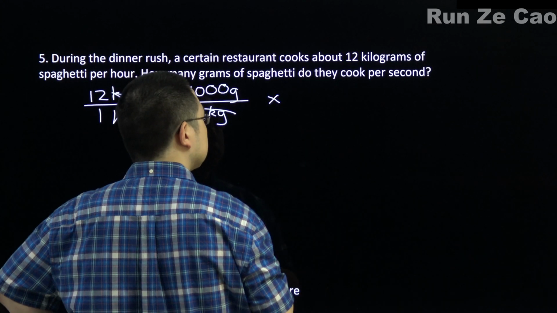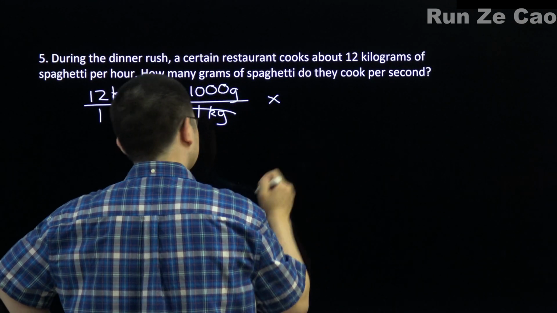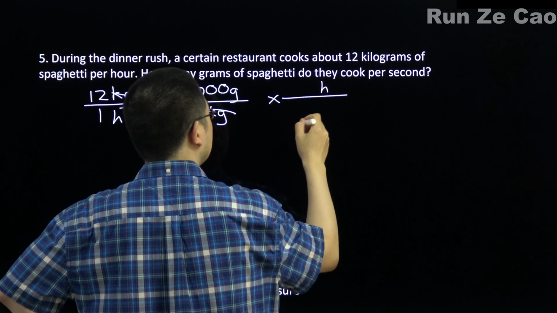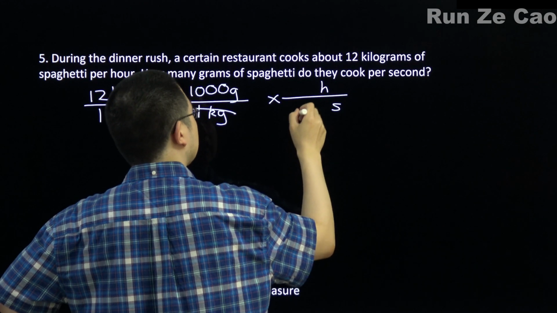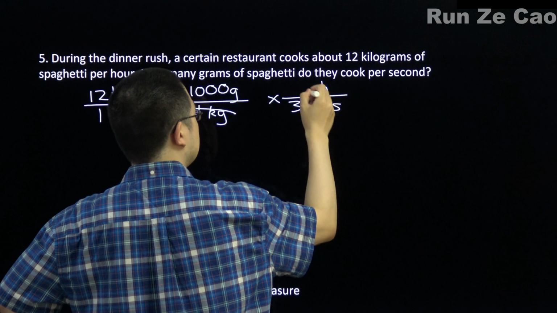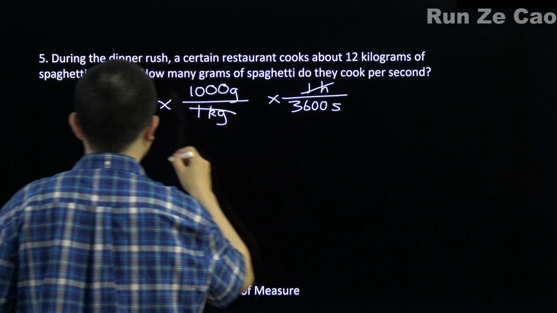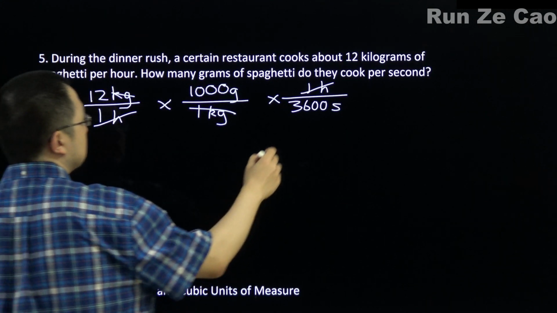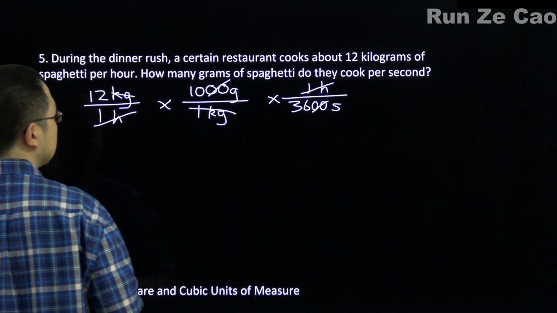So actually it's convert per hour to per second, which means to get the hours to cancel, that's got to be in the numerator. And then in the denominator, we got per second. 3,600 seconds and 1 hour. So these cancel out. And we know that these can cancel out as well.